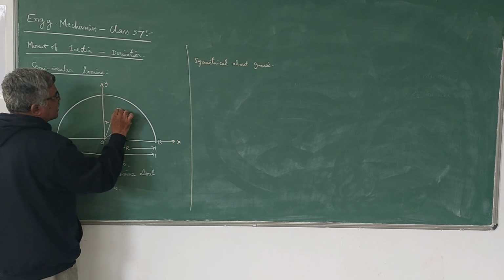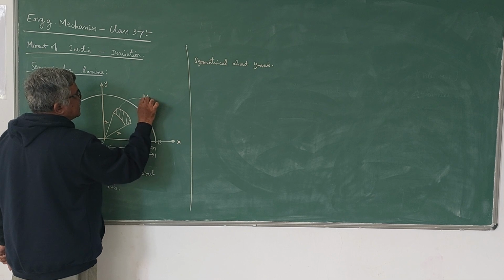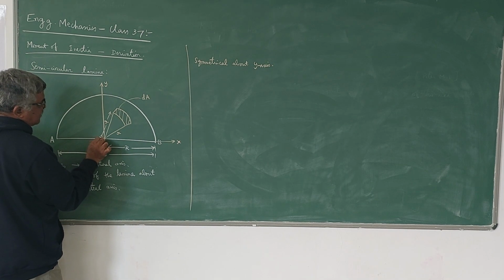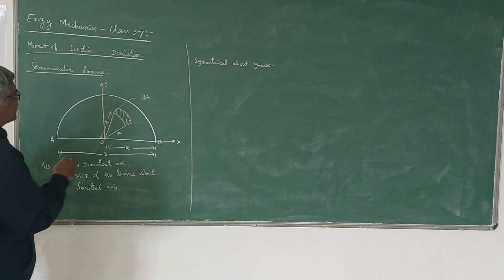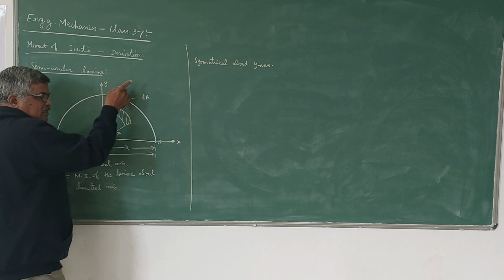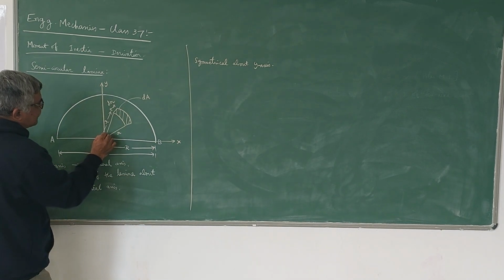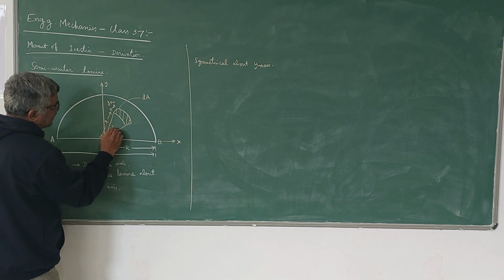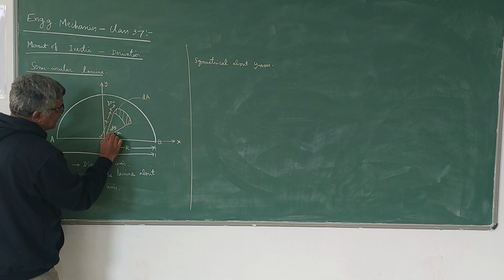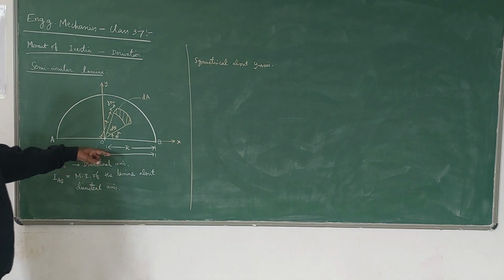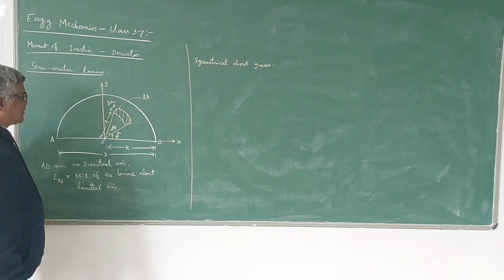I consider an elemental strip of area dA at a distance r from the origin O, and the thickness of this elemental strip I will take as dr because it is along the radial direction. The subtended angle of this elemental strip at the origin I will take as d theta, and the angle of this elemental strip from the x-axis as theta. So theta is measured in the anti-clockwise direction.